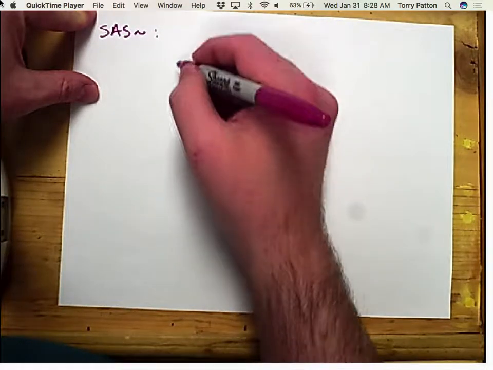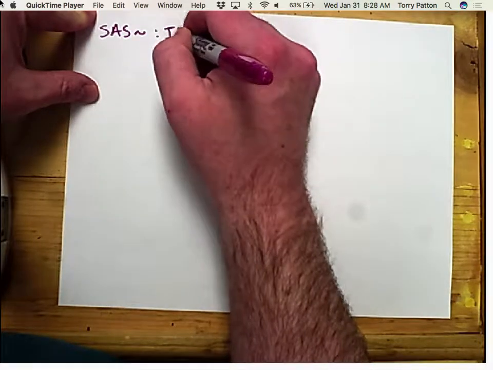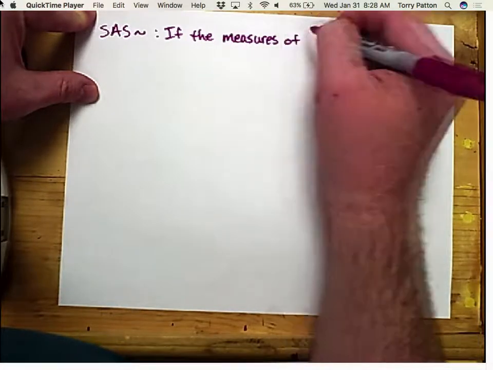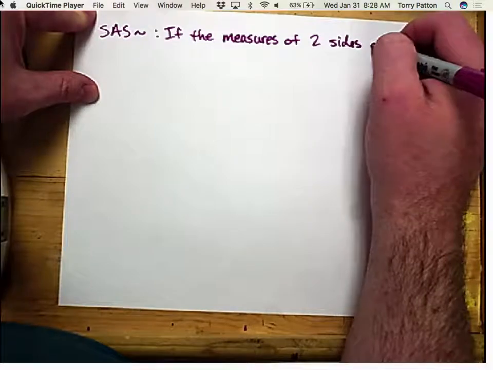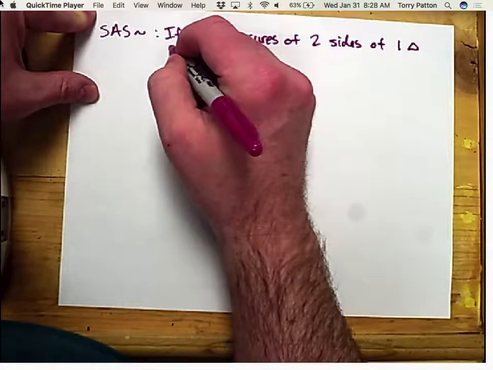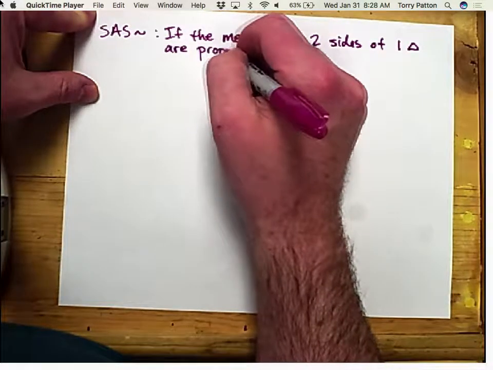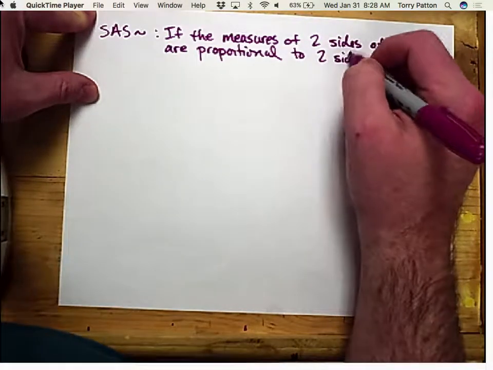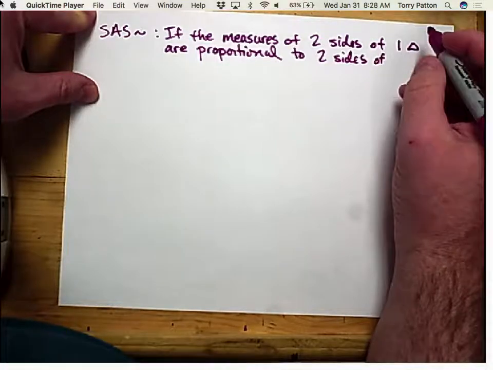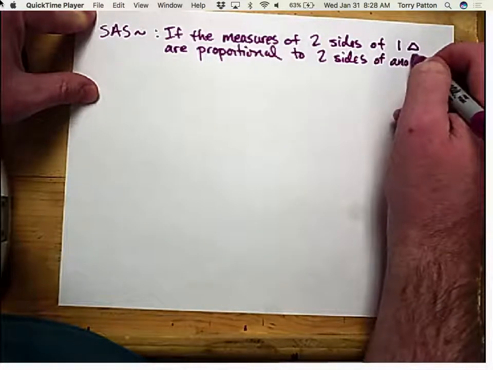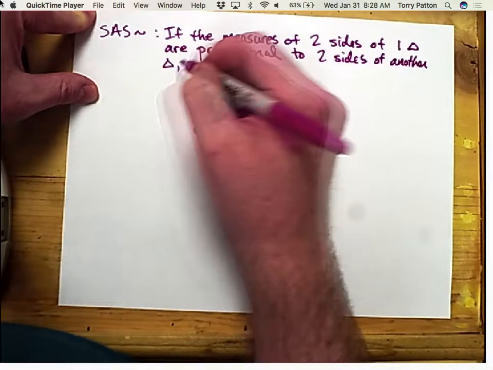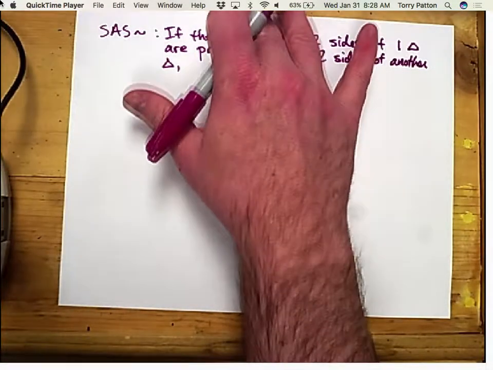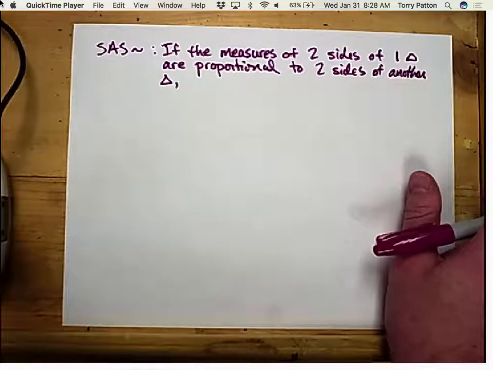It says, if the measures of 2 sides of one triangle are proportional to 2 sides of another triangle, okay, so far, if we knew that, the only way we would know that the triangles were similar is if we knew the other pair of sides were also proportional, right?